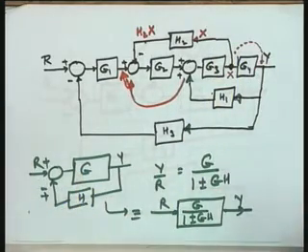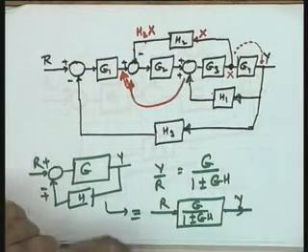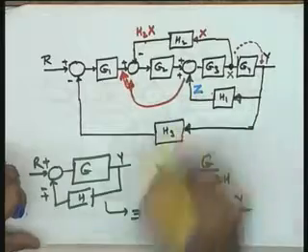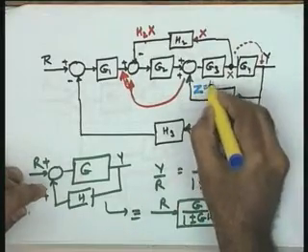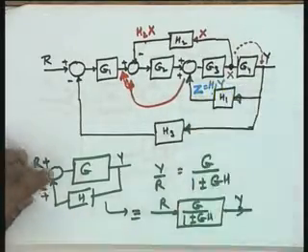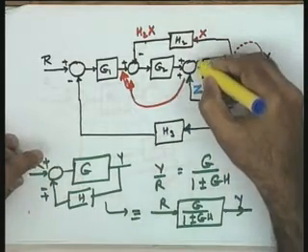So, now let us see how do I change the summing junction. Again, the clue will be the same. The signal at this particular point, let me say, is Z. This Z signal is H1 into Y, which is going on. H1 into Y is the signal which is being fed back, and this signal is coming here.